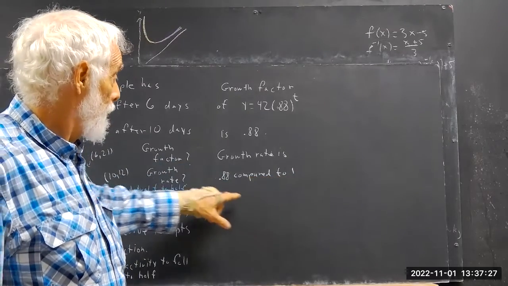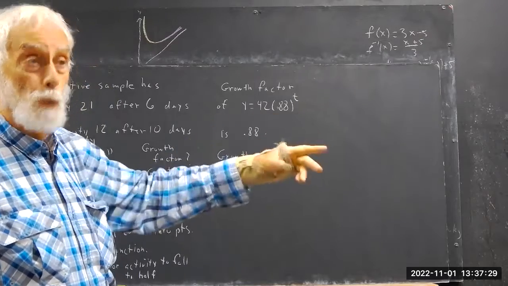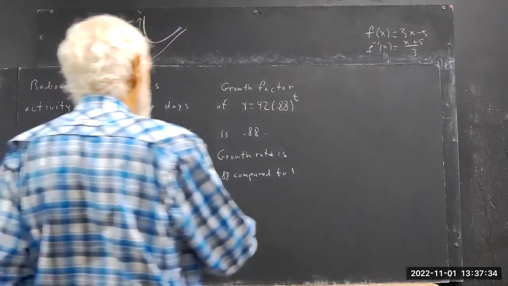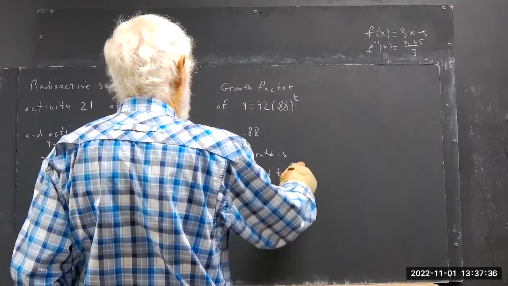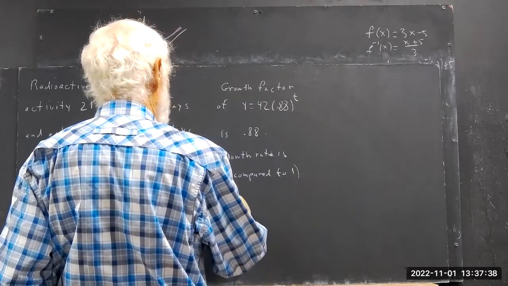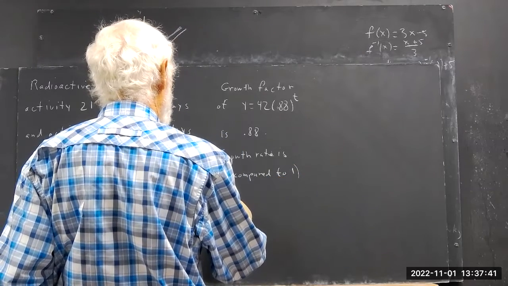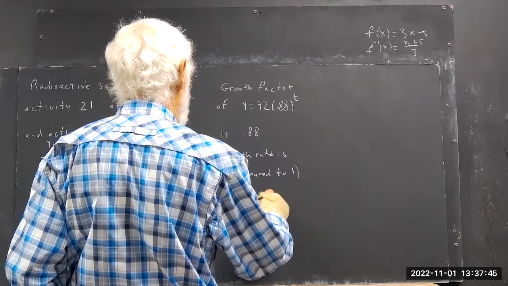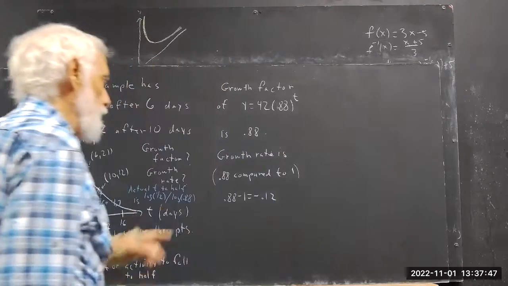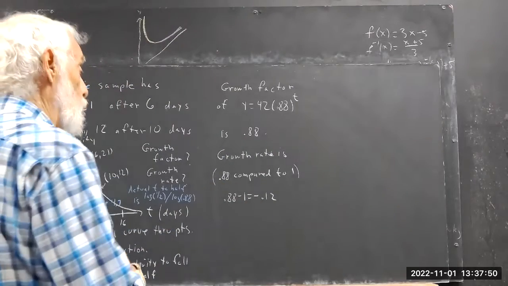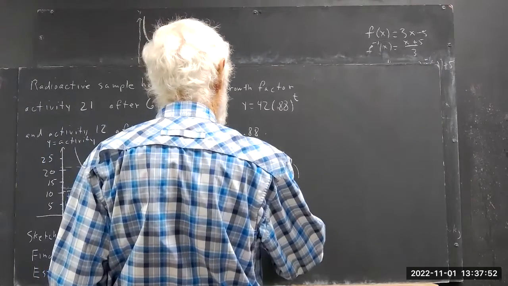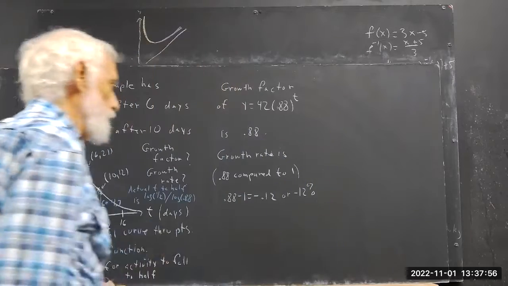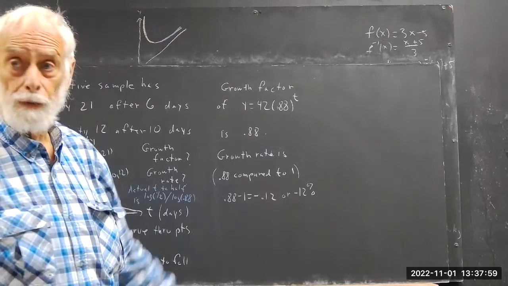Okay. 0.88 is 0.12 less than 1. And it's going to be 0.88 minus 1, which is negative 0.12. 0.12 is 12%. This is a negative 12% growth rate.